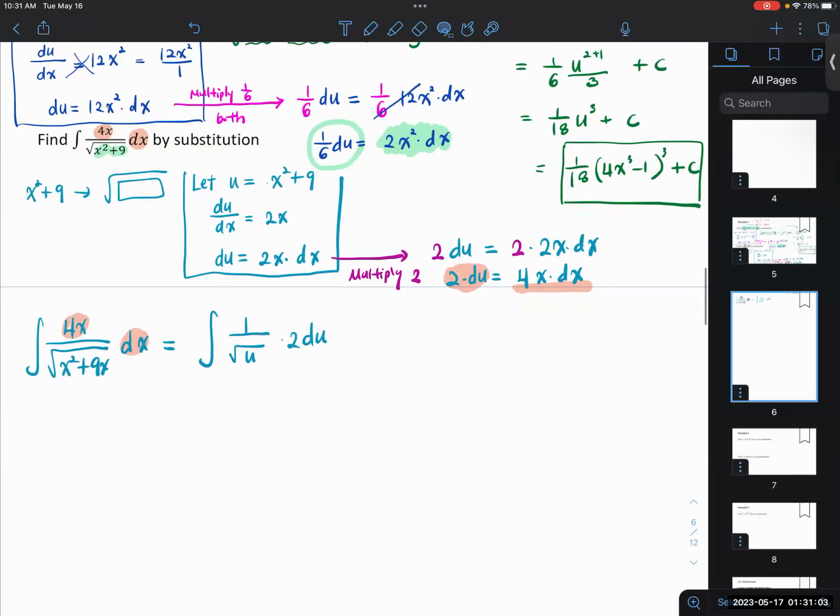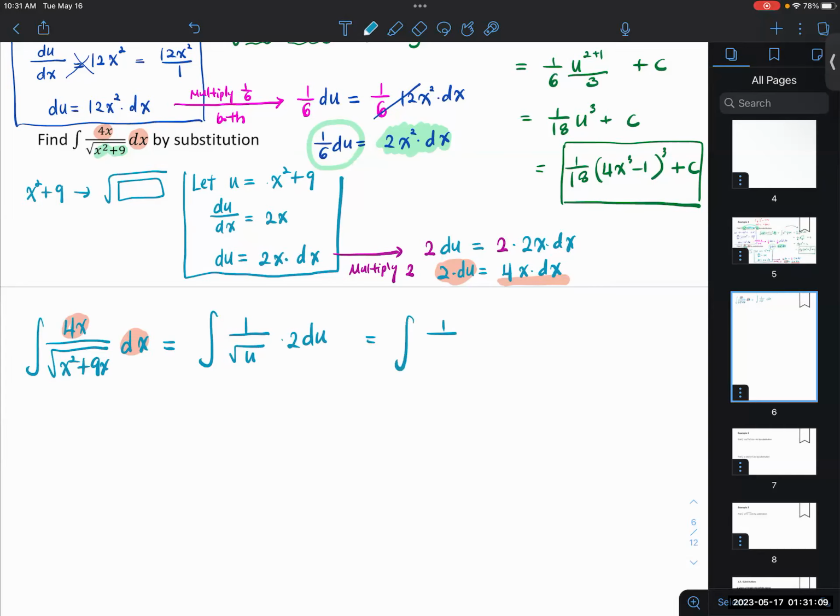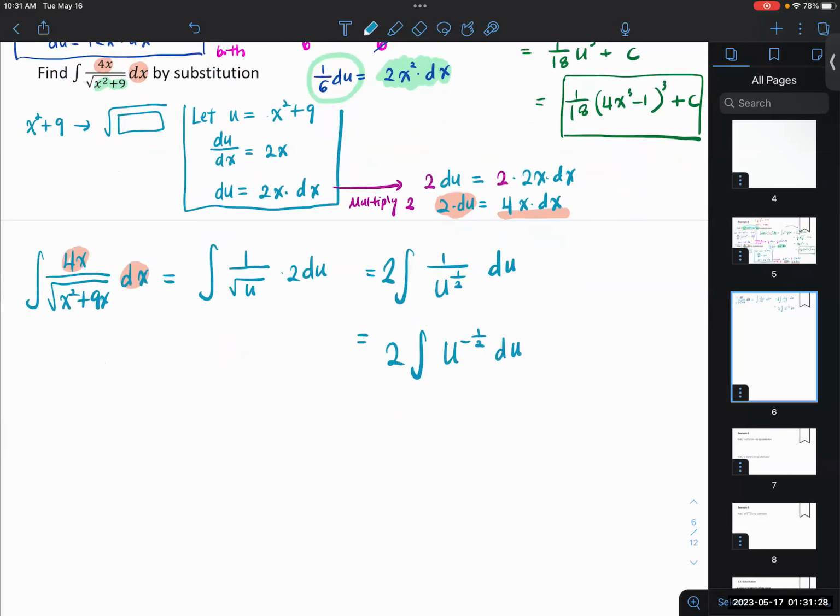Are you guys okay? So that's what happened. And then we're going to take the integral. 1 over radical is a half exponent, and I'm going to bring 2 to the front. Are we okay? And then that means the integral, you can do the reverse: u to the negative 1/2 du, correct? Because it's a reciprocal.